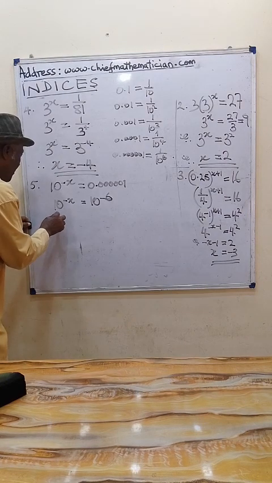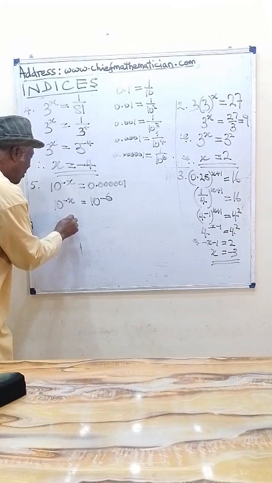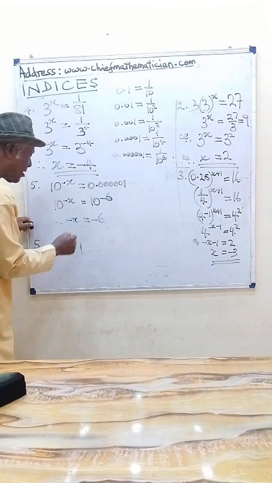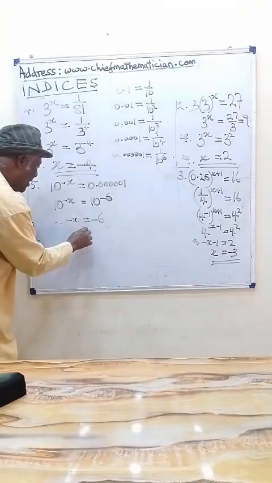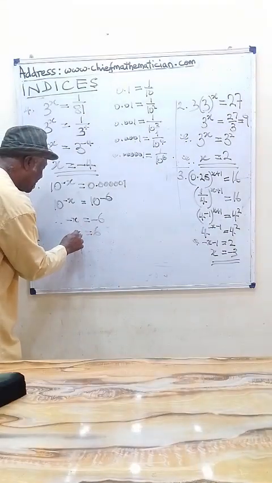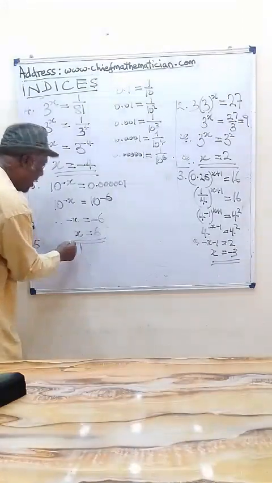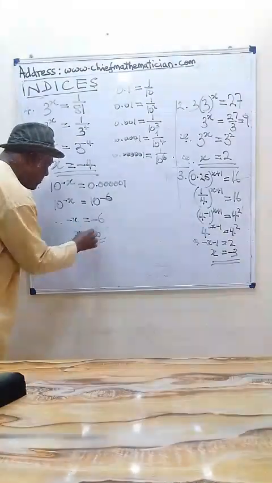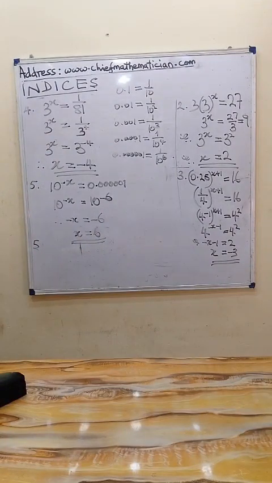Therefore, minus x is equal to minus 6. Is it not the same thing as saying that x is equal to 6? x is equal to 6.